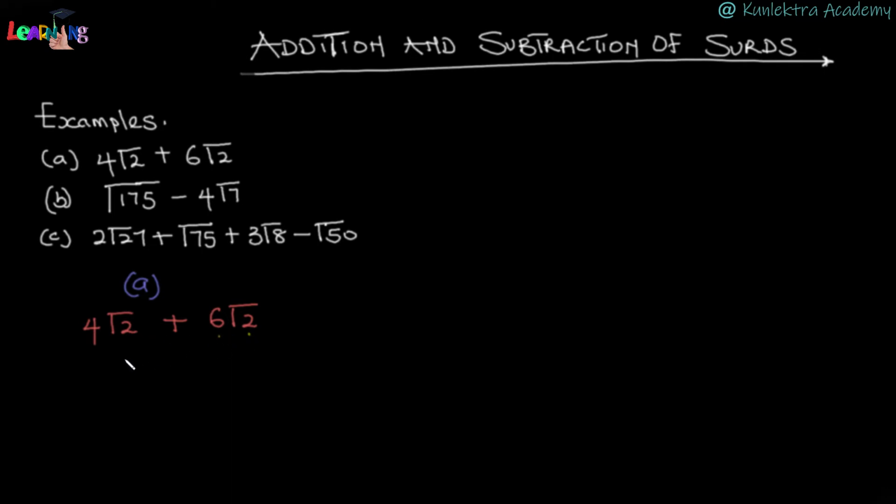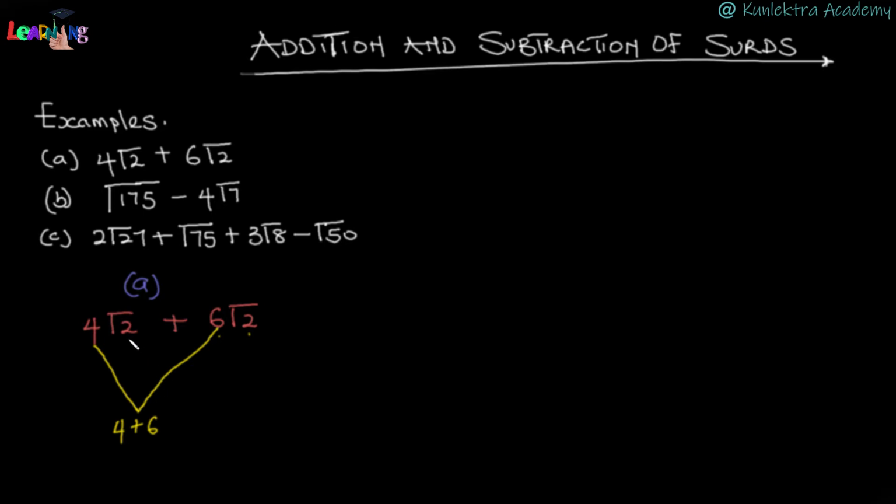Firstly, for you to add surds in this form, you have to add the whole number first. That's 4 plus 6, since they are like surds. You can only do this for like surds. I told you that unlike surds can neither be added nor subtracted.